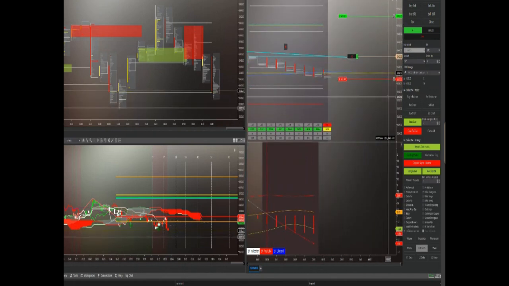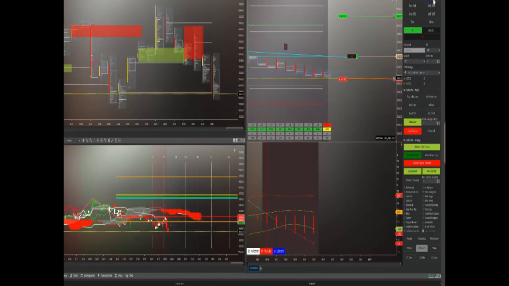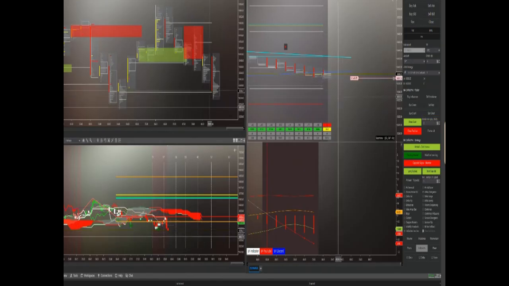Then I move over to the right-hand side, to our third chart, which is our 210. It's B4 bars with a 210, and it has a lower B4 indicator there.